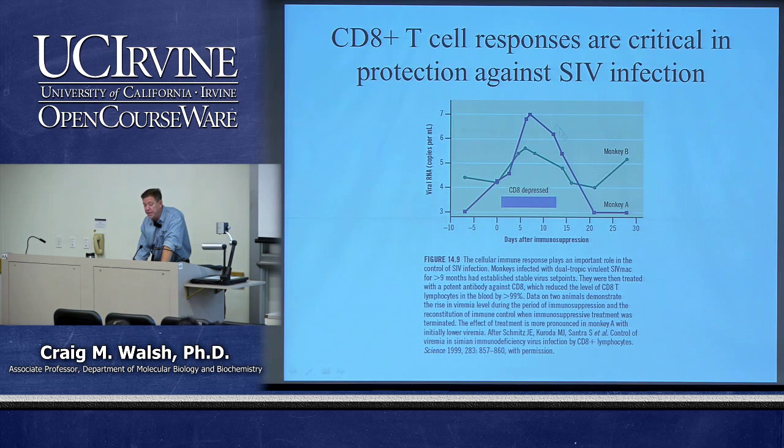But if you get rid of the CD8 cells, so they have basically no CD8 cells, in a different monkey, you can see that the viremia is much higher than in this control monkey. So that tells us that the CD8s are playing a really important role in trying to control this virus, and presumably they're using cytotoxic mechanisms to kill off CD4 positive T cells, dendritic cells, and what have you to try to limit the spread of this infection.